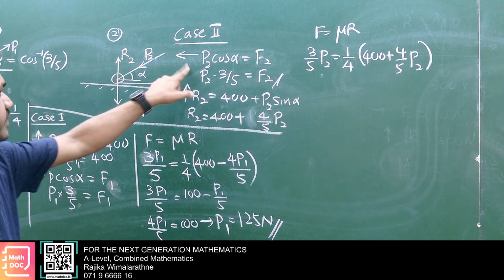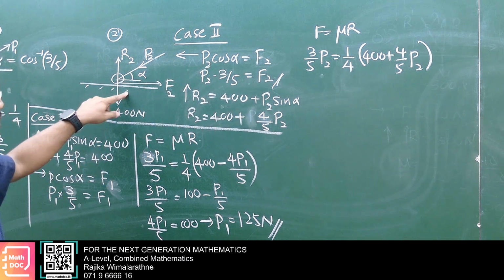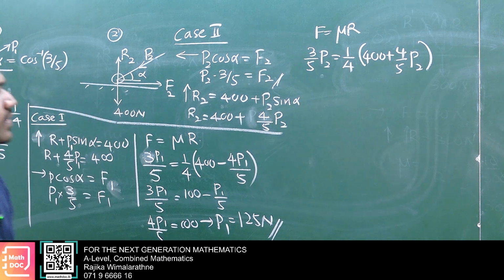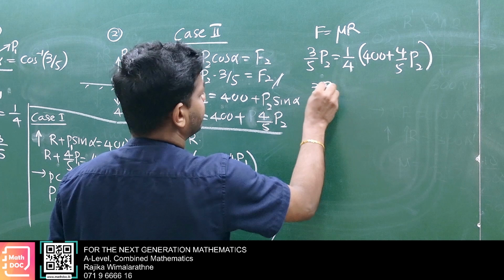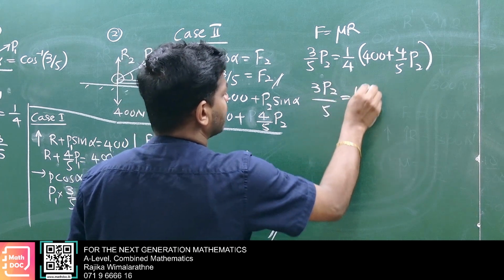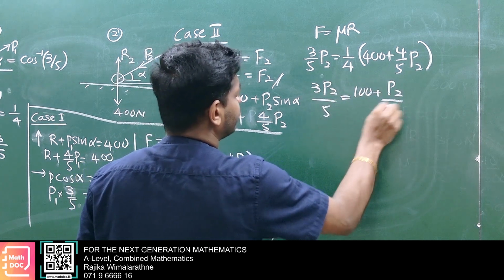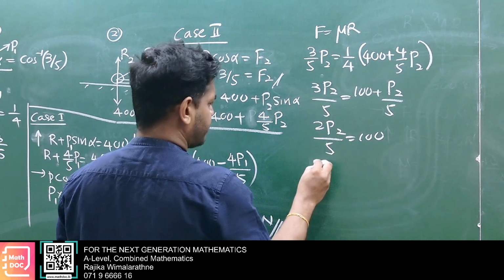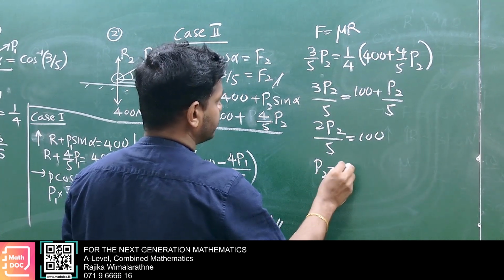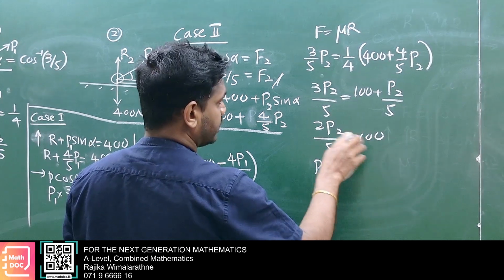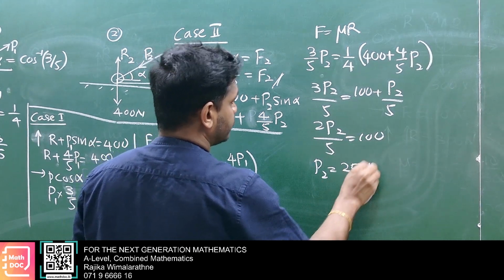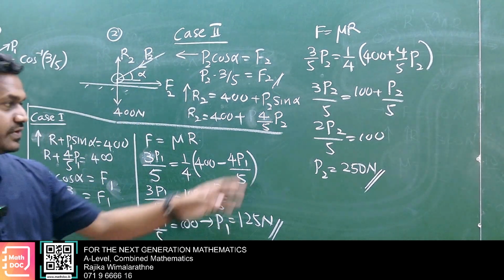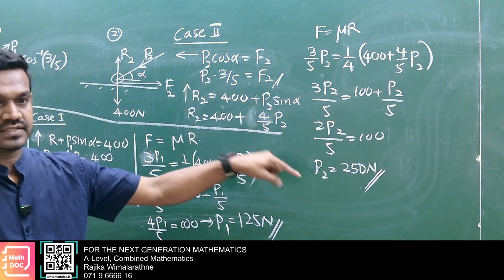Here P2 cos alpha equals F2. Then 3P2/5 equals 100 plus P2/5, so 2P2/5 equals 100. Here the P2 value is 250 Newtons.